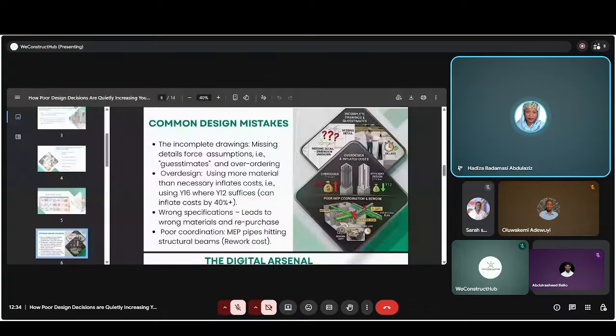Whether you are called a project manager or not, you're already a project manager, because you do your design, and I believe the architect is the best person to manage your project. So when you start having these kinds of issues, you lose your client's confidence, as in when your client starts finding out that you're over-designing, and over-designing would definitely lead to over-costing. You start losing your client, and then gradually start losing jobs.